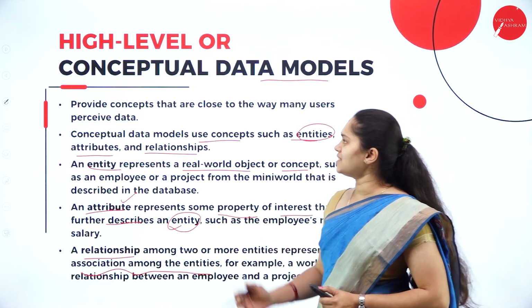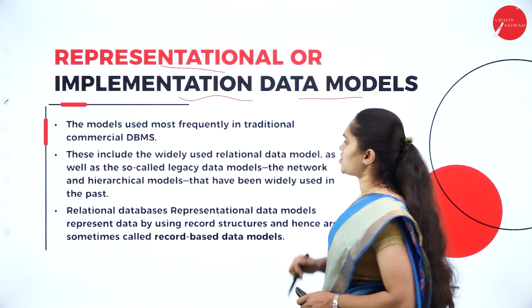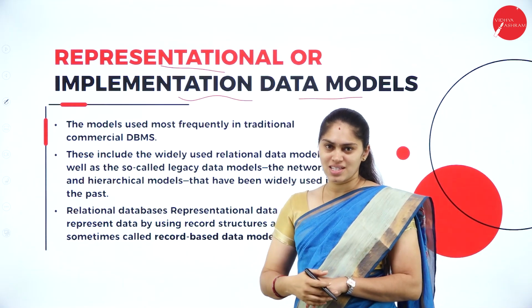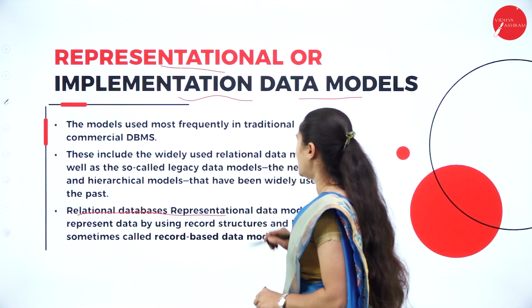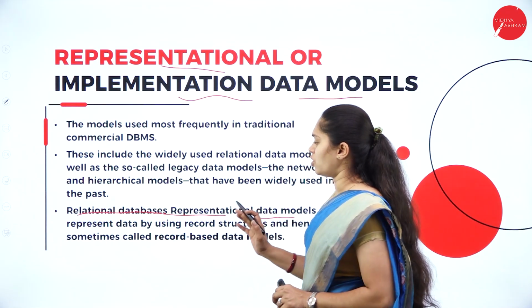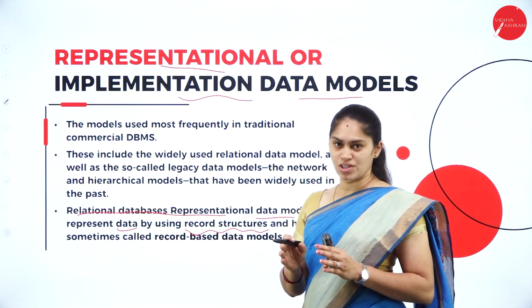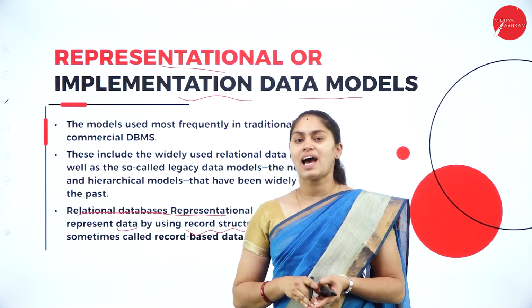Fine. Next, what is the second type? Second, we have the representational or implementational data model. How is it used, or what kind of concept is it going to use? It uses the relational database model, representing the data by using record structures. So it is going to have a table. In the table it has columns as well as rows.